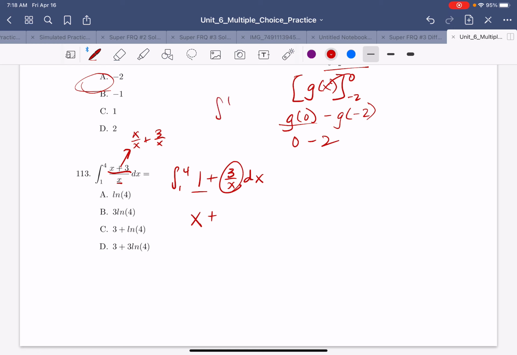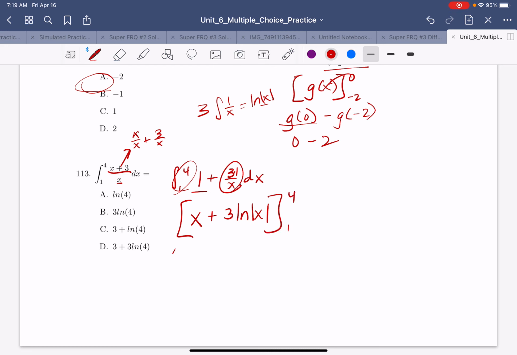Hopefully you recognize that the integral of 1 over x is the natural log of the absolute value of x. Because you have 1 over x, but that extra 3 means you put the 3 up front. We're not doing a plus c because we have bounds that we're evaluating this from, 1 to 4.